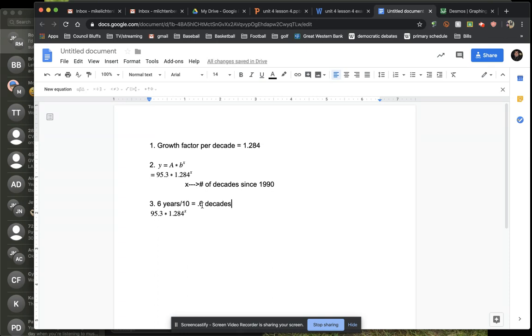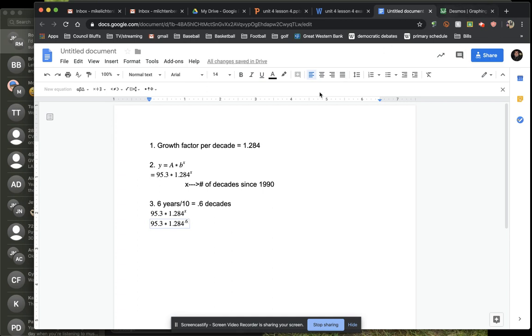So 6 years is 0.6 decades. So when I plug into the formula, I'm going to plug in 0.6 for x.